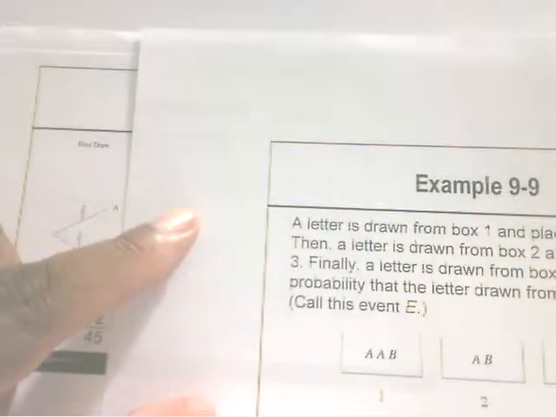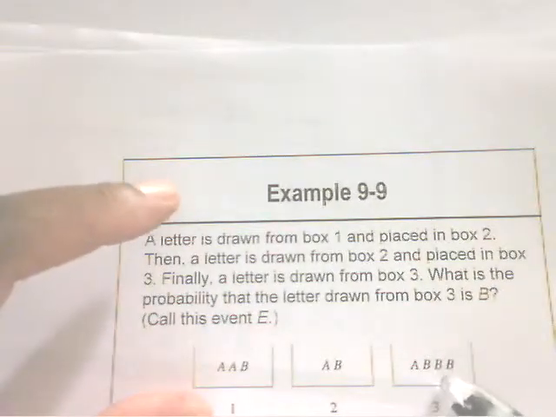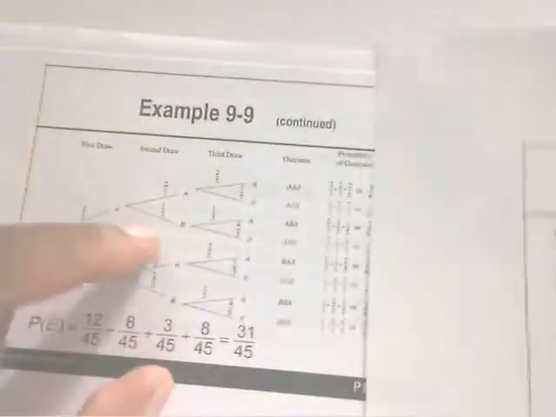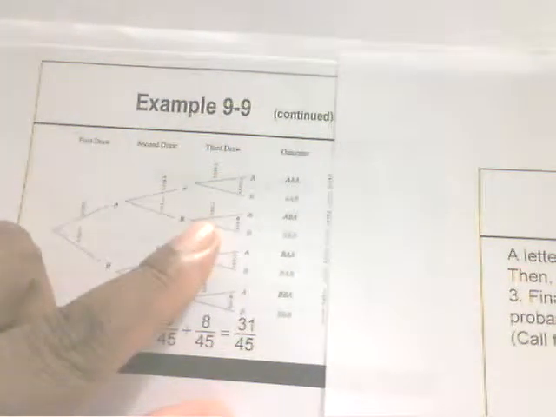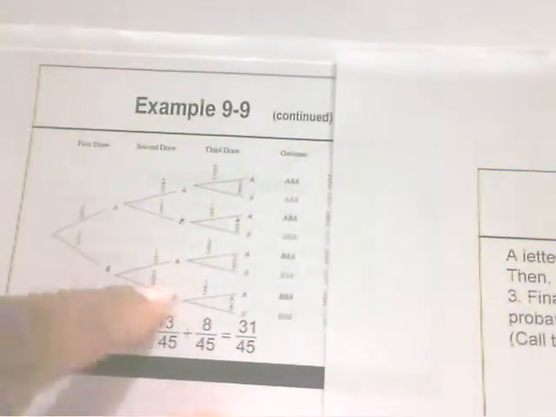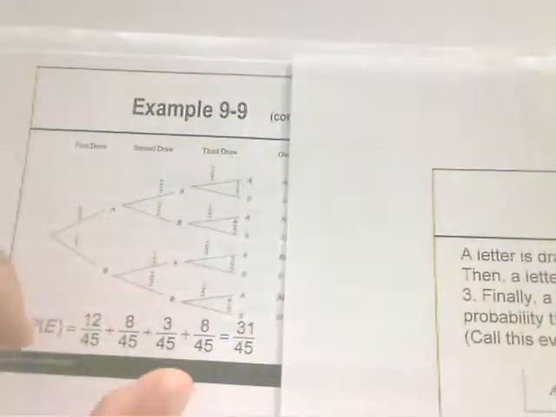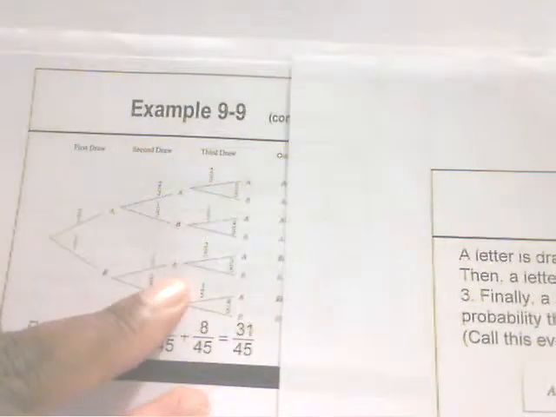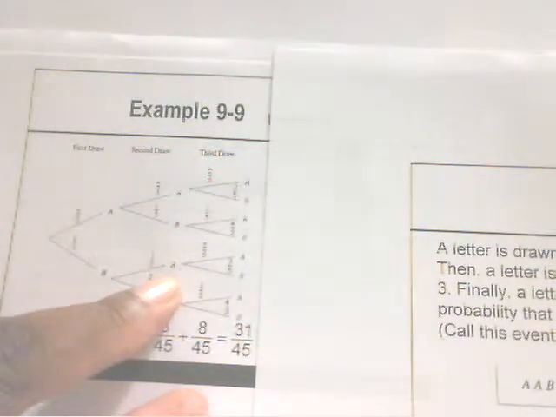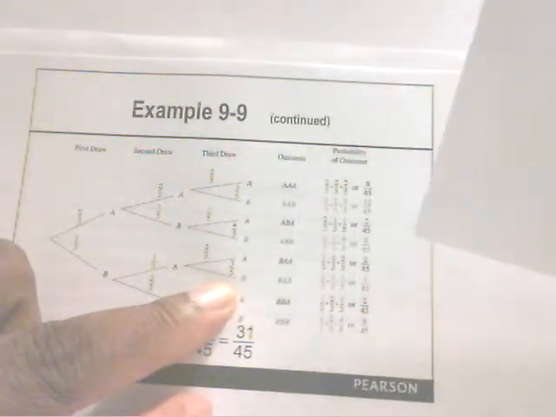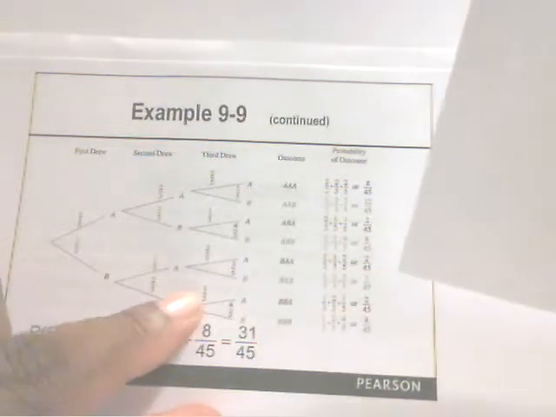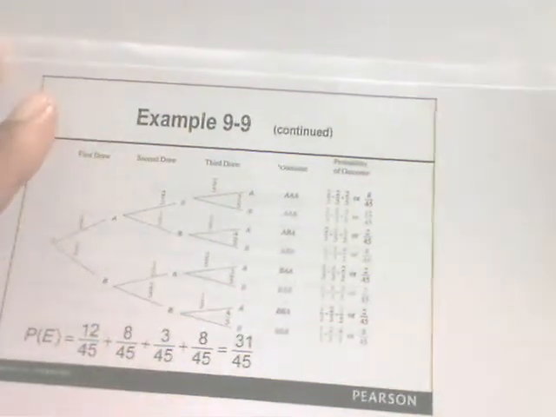Well, if a B is taken out of the second box and put in the third, now you have 4 B's and 1 A. The probability of drawing a B will be 4/5, while the probability of drawing an A will be 1/5. And for the other branches, again that's going to be 2/5, then 3/5 here. And then here for this one, this is 1/5 and 4/5.